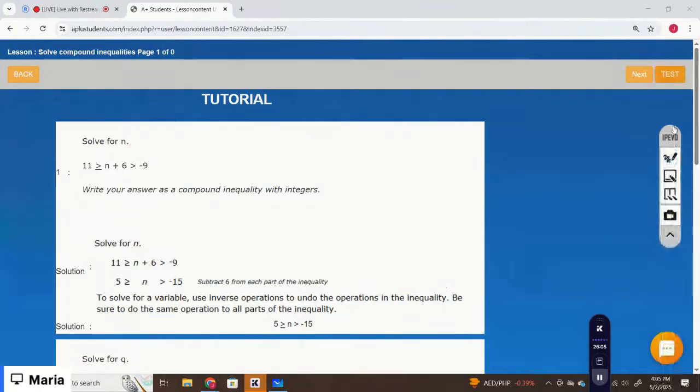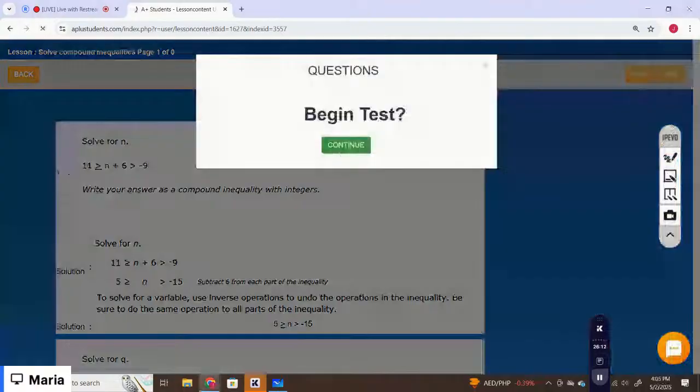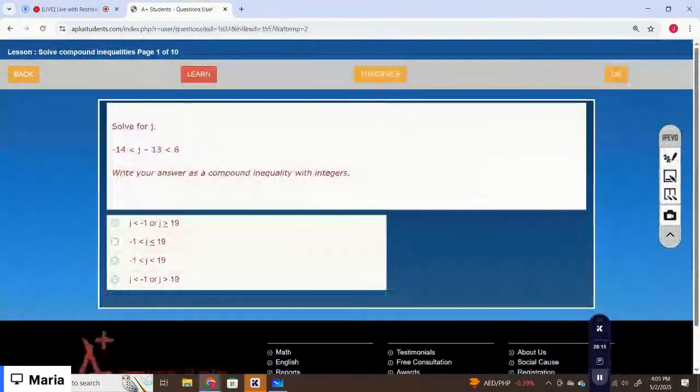Okay, let's just start with the test questions. Solve for j. -14 less than j minus 13 less than 6.